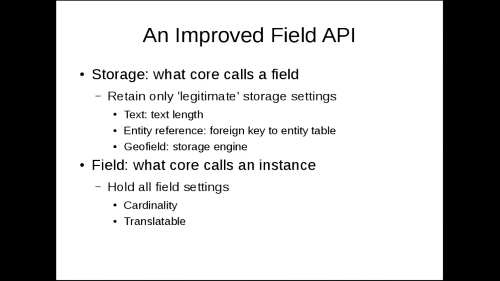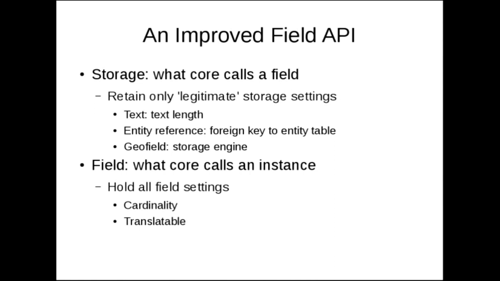So if you're using entity reference to do a taxonomy versus node versus this versus that, you can't combine them. You have to have one for each of those different things you're going to reference, because it's keeping this foreign key in the database. So okay, we'll go with that. It's a legitimate thing. I think GeoField has some storage engine thing that falls into the same category.